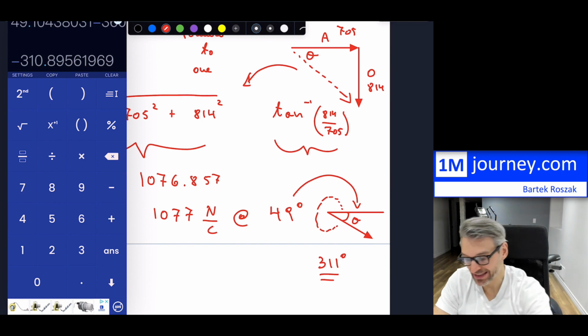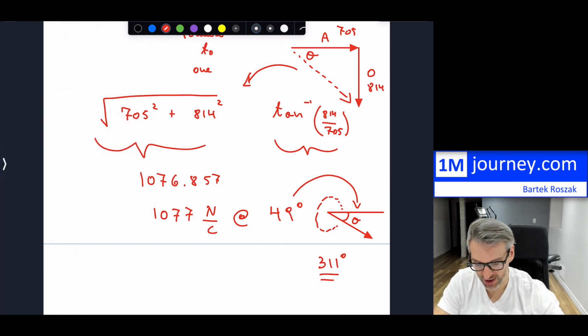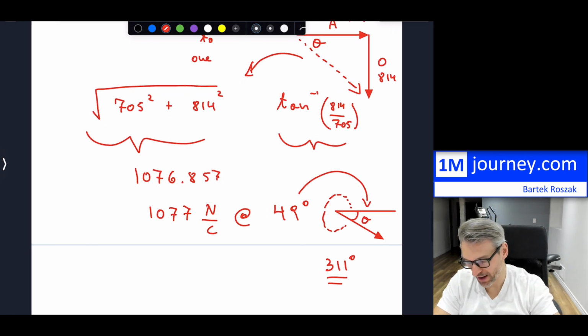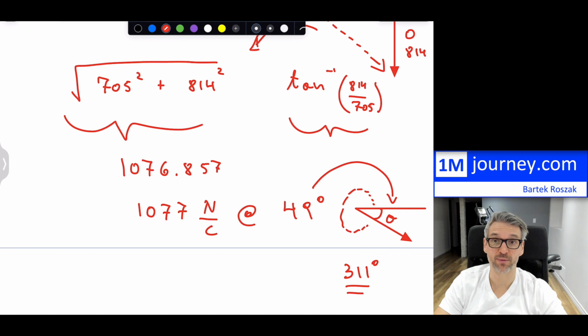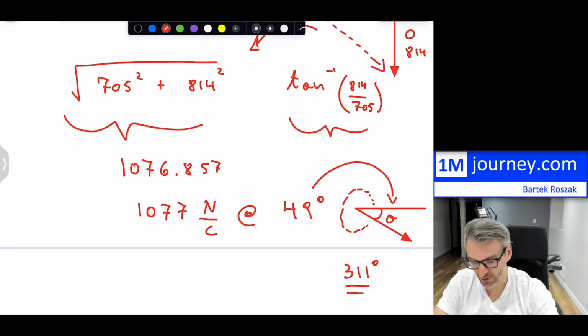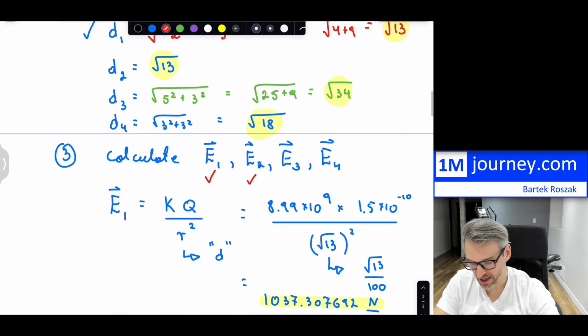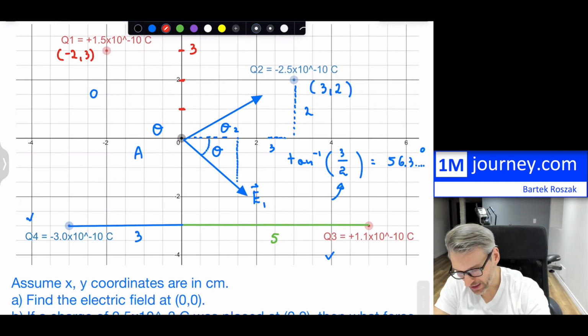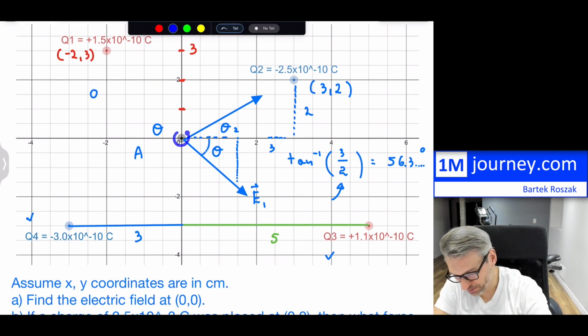So that is it, okay, a torturous example, but if you understood this example and walked yourself through it, I hope that now you appreciate the power of vectors, the power of trigonometry, understanding that the Pythagorean theorem is actually kind of useful when you are talking about vectors. Now, the crazy part is that this entire calculation was only computed for this particular point.